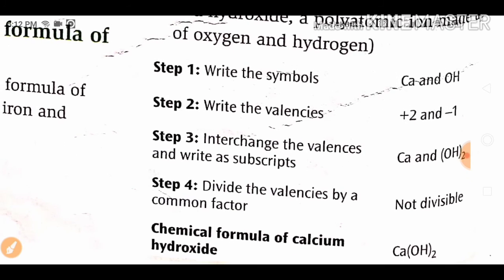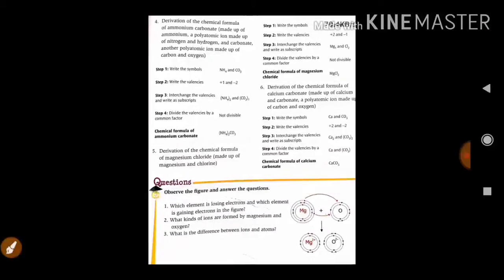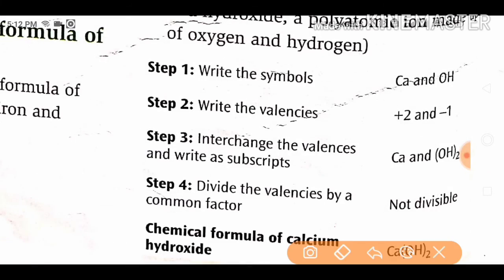Interchange the valencies and write as subscript. So we interchange for Ca and OH. What will happen? 2 comes with OH, so OH whole twice. It is not divisible. You can see here is 1, here is 2. So we write it as it is, Ca(OH)2.